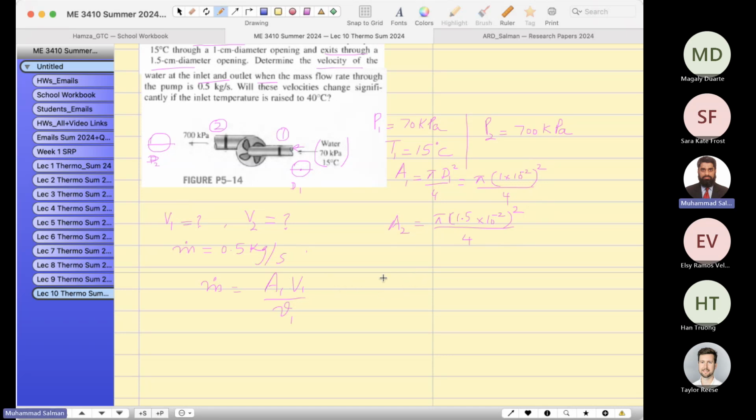This is for liquid flow. Liquids are incompressible, so the specific volume would be the same.